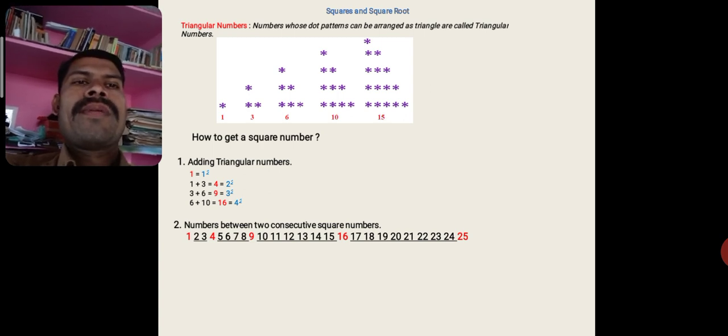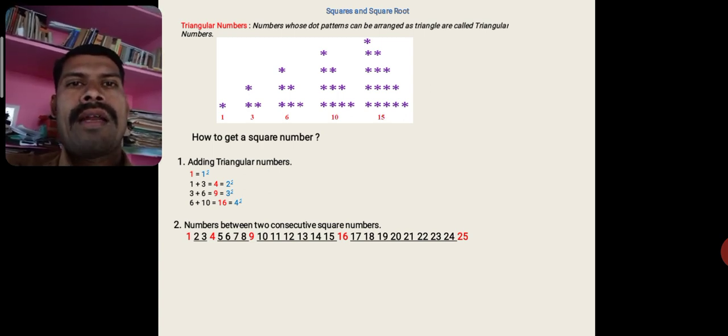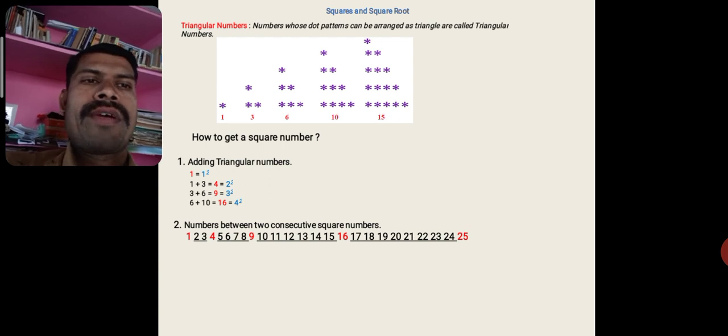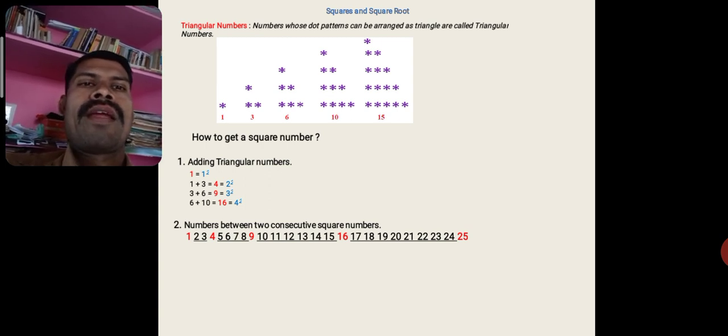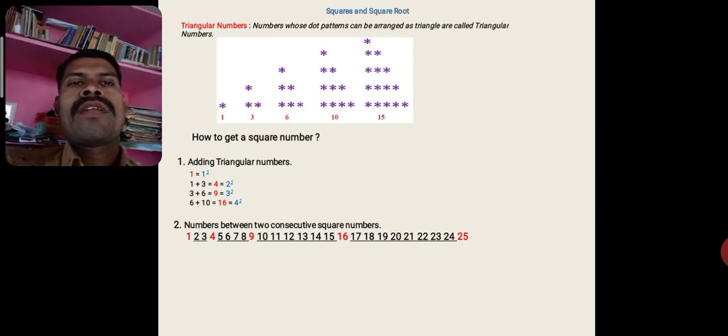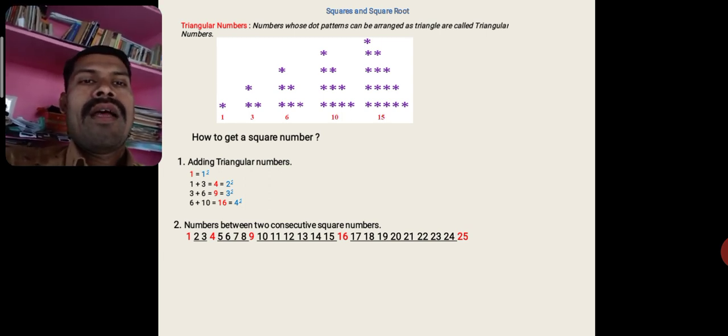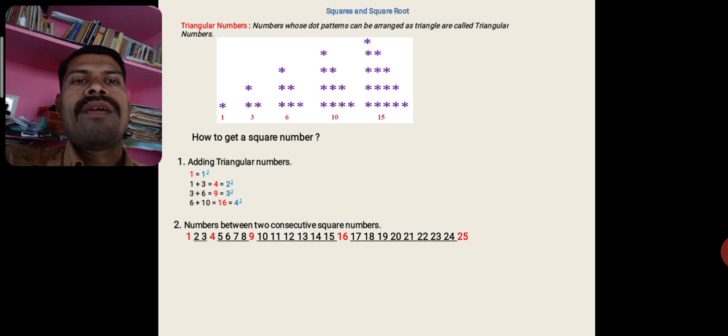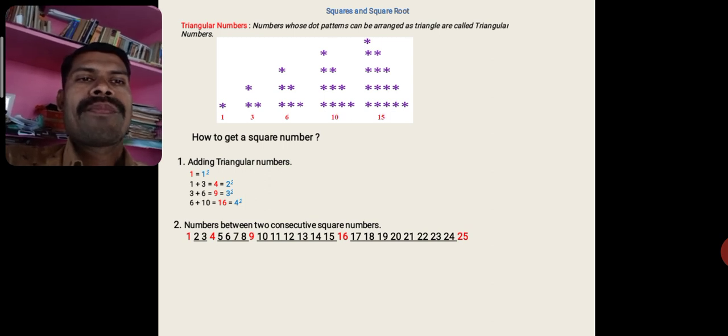Write the natural numbers. I wrote natural numbers from 1 to 25 here. 1, 2, 3, 4, counting numbers. Between those, we found the square numbers, no? 1, 4, 9, 16, 25.